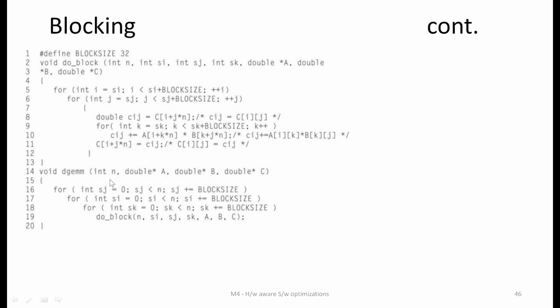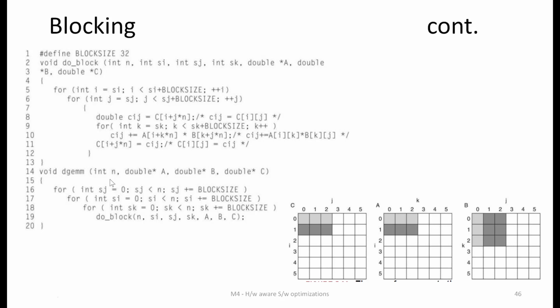So what happens here is we are taking a block of elements of matrices A and B and generating a block of elements of matrix C. So here we stop visualizing that once we access a row of matrix A, we are going to access all the elements of the row. We are going to access a part of them which belong to the block. So this is how the accesses would be. For an access to the row of A, we are going to partially access a few of the columns of B and generate a few elements of C.